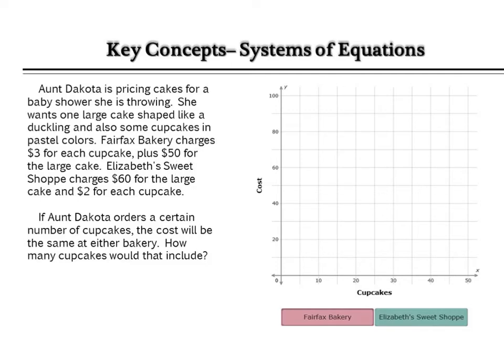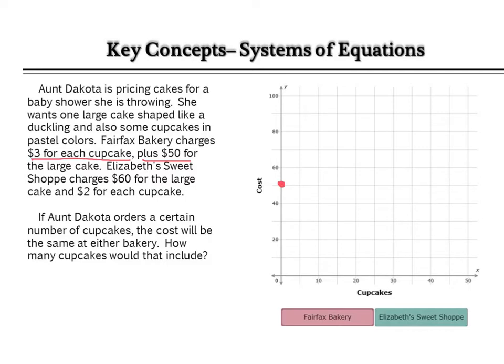That's where I'm going to start, on my y-axis. The $50 for the large cake, and then I'm going to go up $3 for each cupcake. That's my slope. So we're going to start at 50, and then I'm going to have to find a point where I would cross another line.